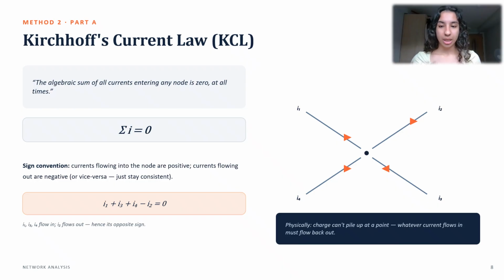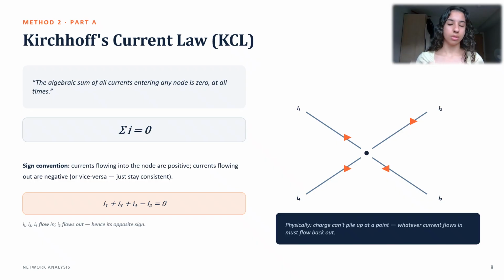So what that means, if we want to find the total current, we see the ones that are going outwards, we add them up. So that's I1, I3, and I4. And then the one that is going in the opposite direction, towards the node, not outward from the node, you get minus I2.